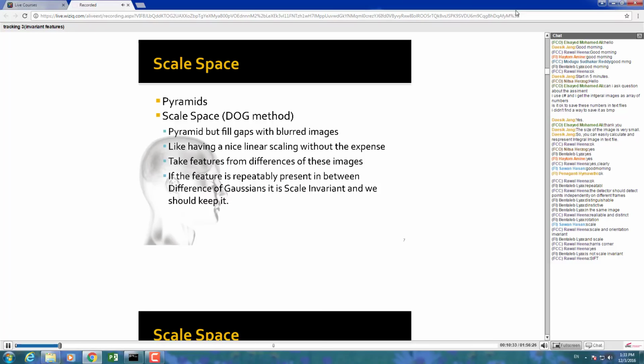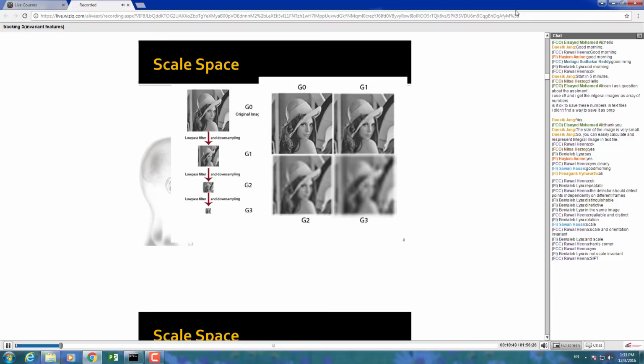SIFT is using this concept, and as an extension of pyramid, they use the concept of scale space. Scale space is a more detailed algorithm to represent the concept of pyramid. To construct a scale space, they use Gaussian smoothing instead of physical image scaling. Instead of shrinking the size of the image itself, we just apply Gaussian smoothing.